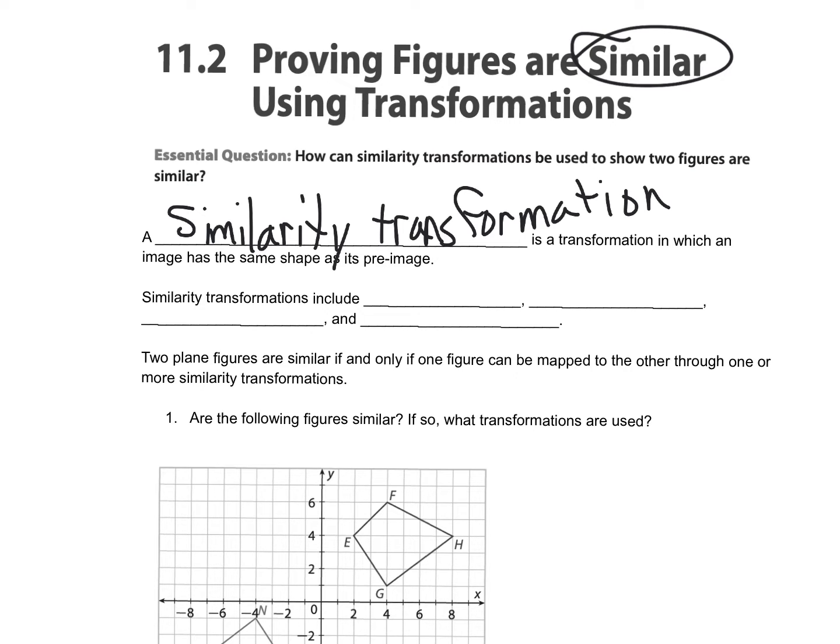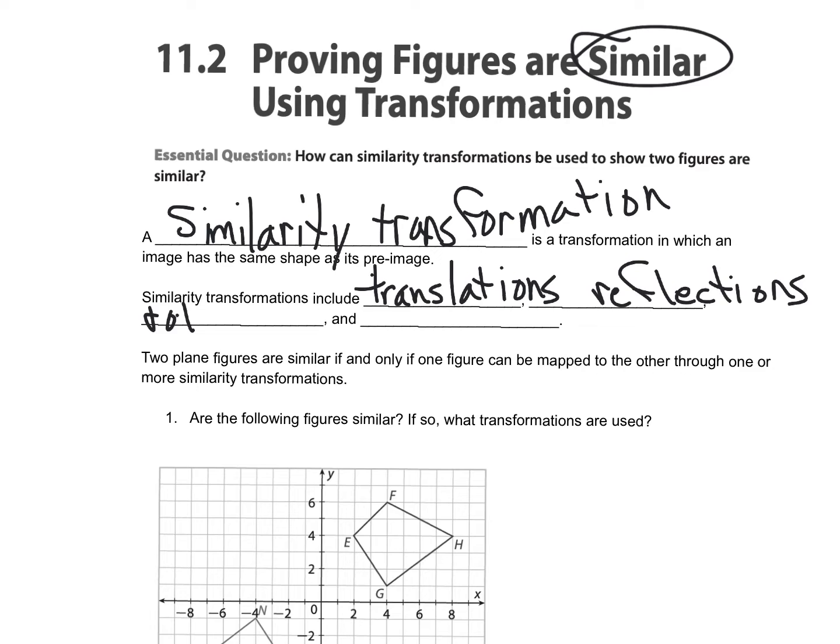Similarity transformations include translations, reflections, rotations, and dilations.